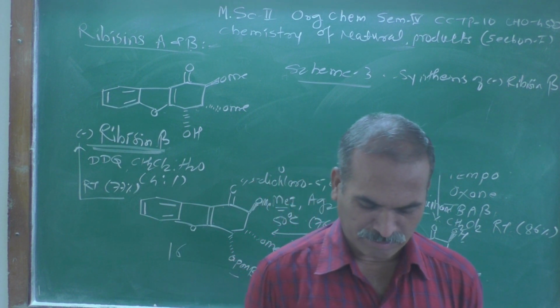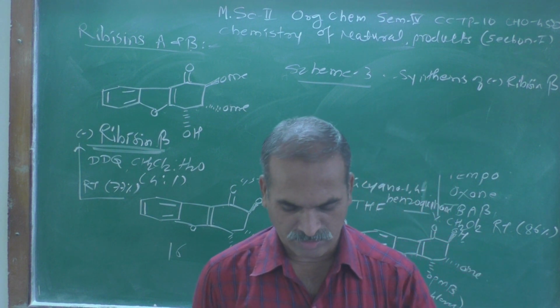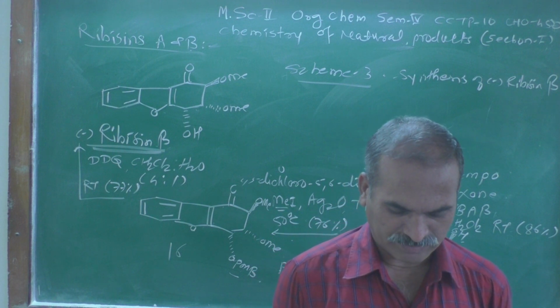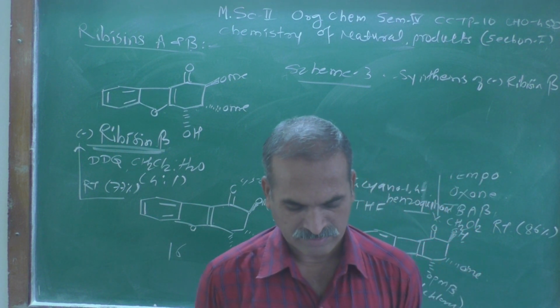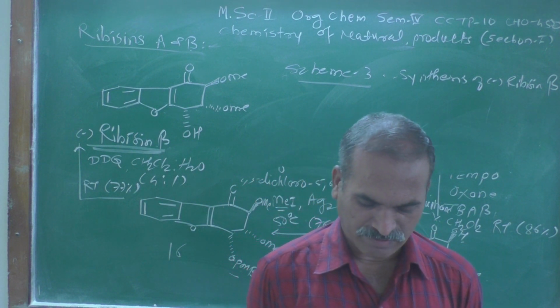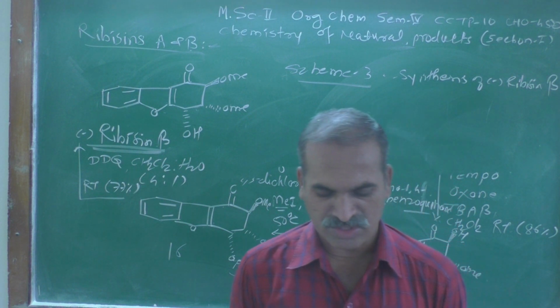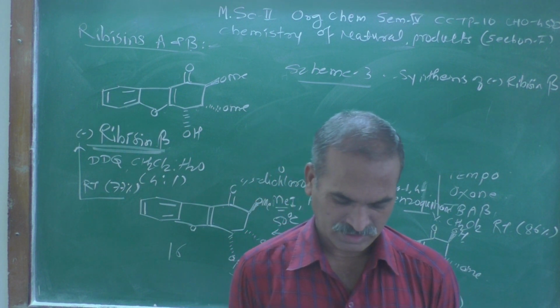Finally, the PMB protecting group was oxidatively removed, DDQ-CH2Cl2, from PMB ether 16 to furnish minus ribosine B in 77% yield, giving a 10% overall yield from cis-dihydrodiol over 9 steps.